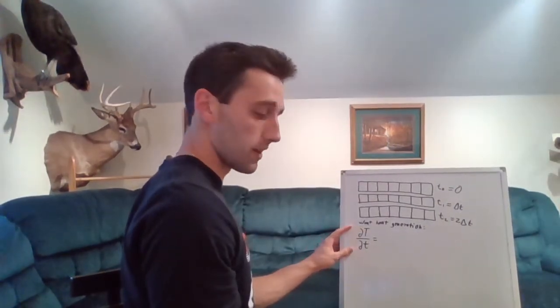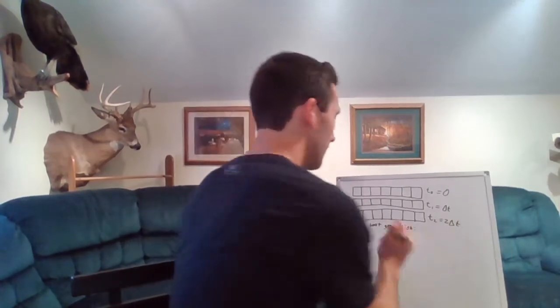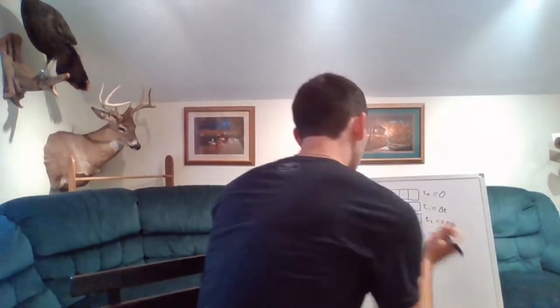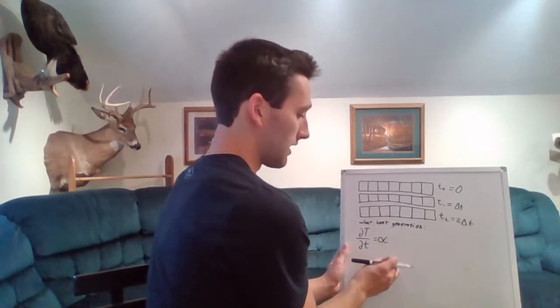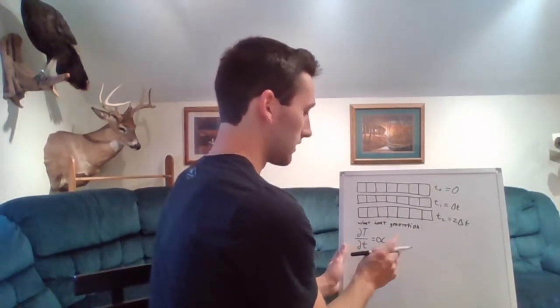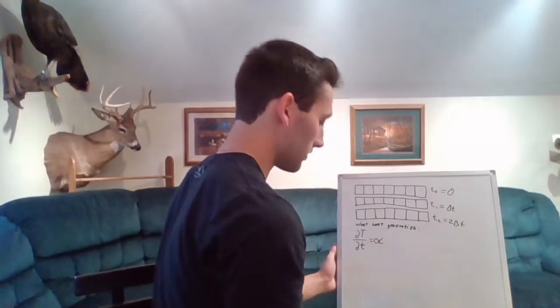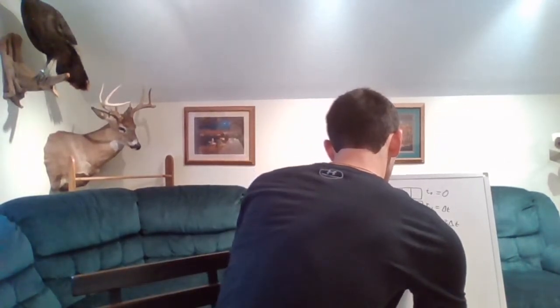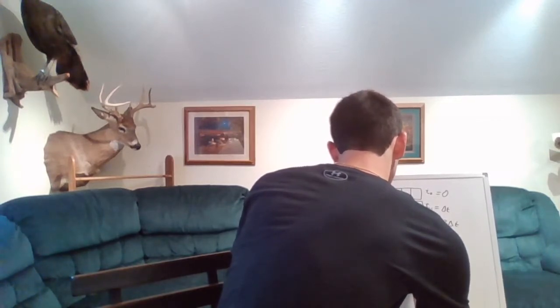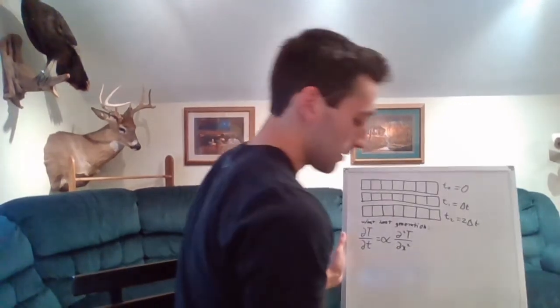This first part may seem familiar now. We're going to have alpha, which is thermal diffusivity. I don't think I said that earlier. I should have clarified. Alpha is thermal diffusivity. And we are going to have that times the second partial derivative of temperature in relation to position.